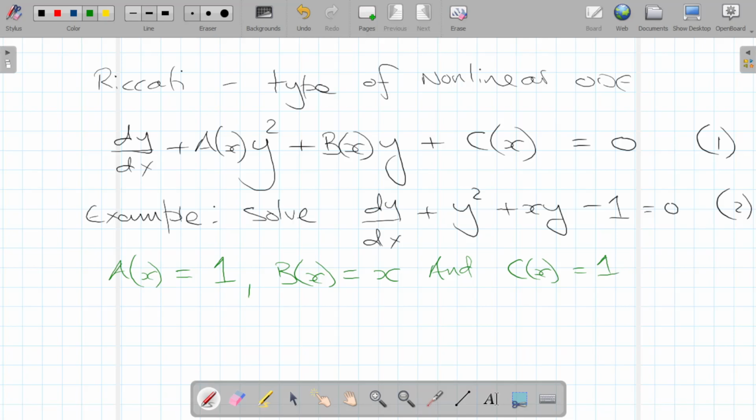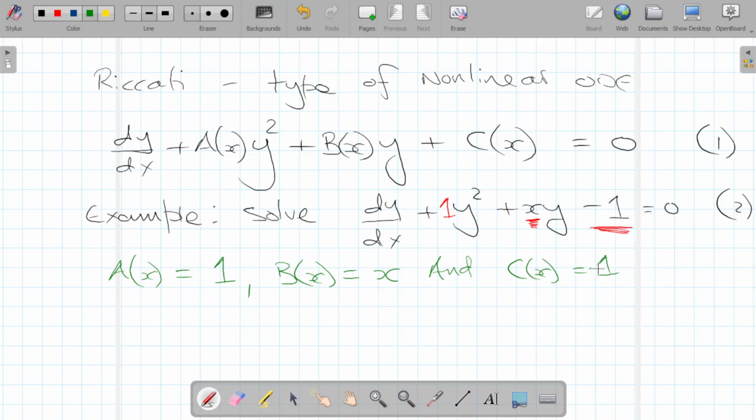So a of x is 1, so that's this coefficient here. b of x, which is x, is just this term here. And c of x equal to 1 is, in actual fact, minus 1, isn't it?